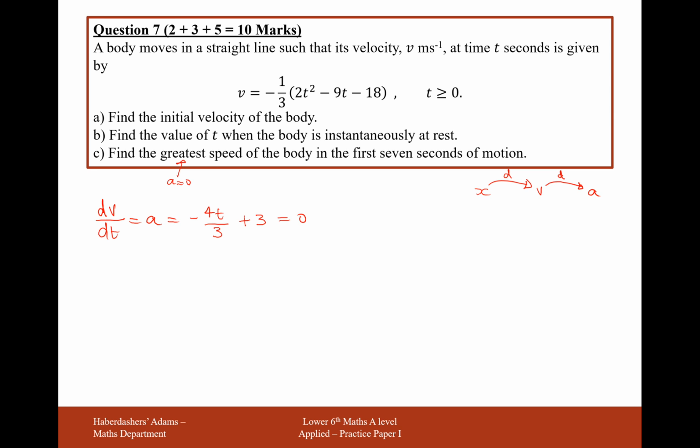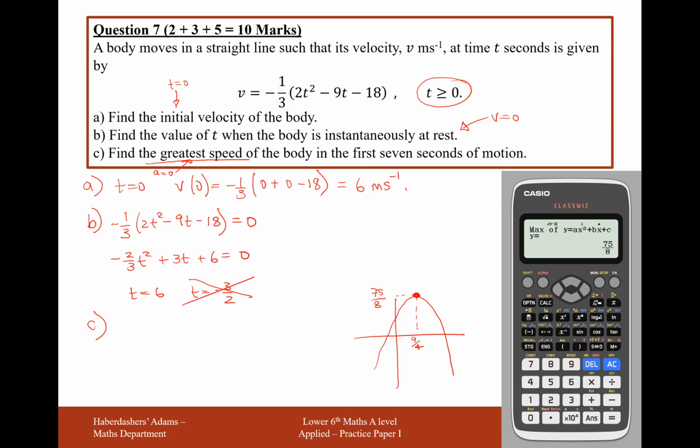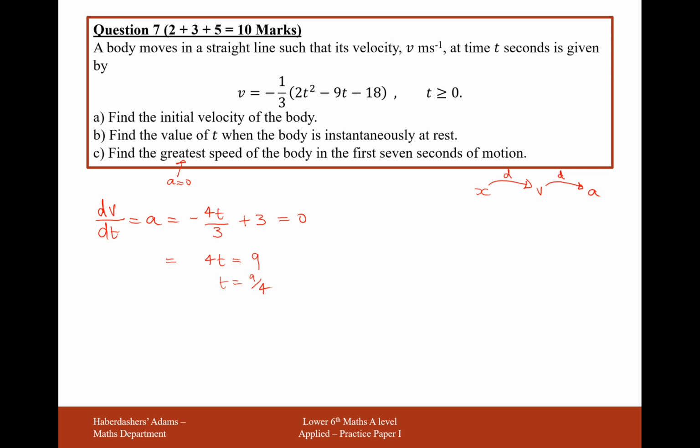Okay, so greatest speed, acceleration is going to equal 0. Solve this equation and we're going to get 4t equals 9, so t is going to equal 9 over 4. Is that what we got for the previous bit? 9 over 4, good. But we don't want that time. What we want is the speed at that point in time.